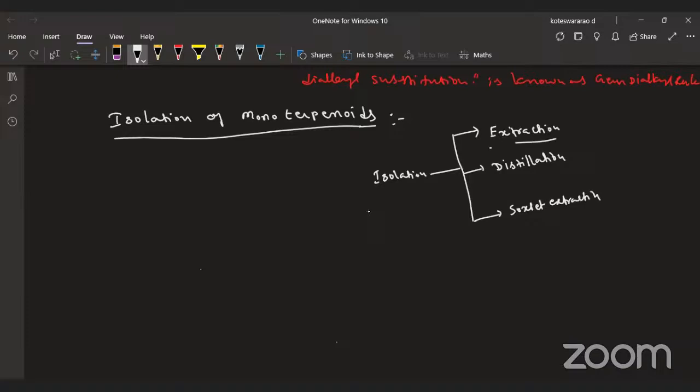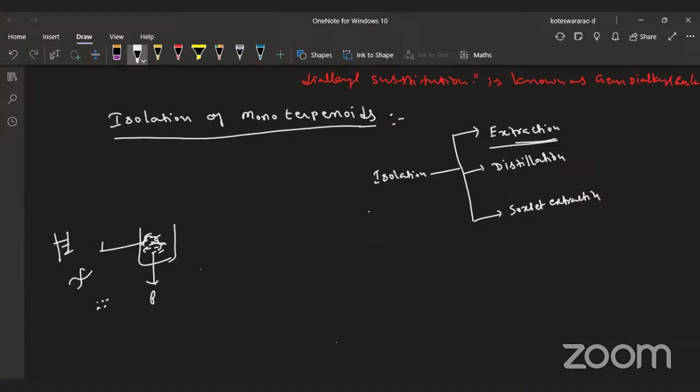What is extraction? Suppose you collected some natural products. These natural products may be plants, microorganisms, a soil sample, or an animal, like human or animal waste. Now you have collected the raw material.